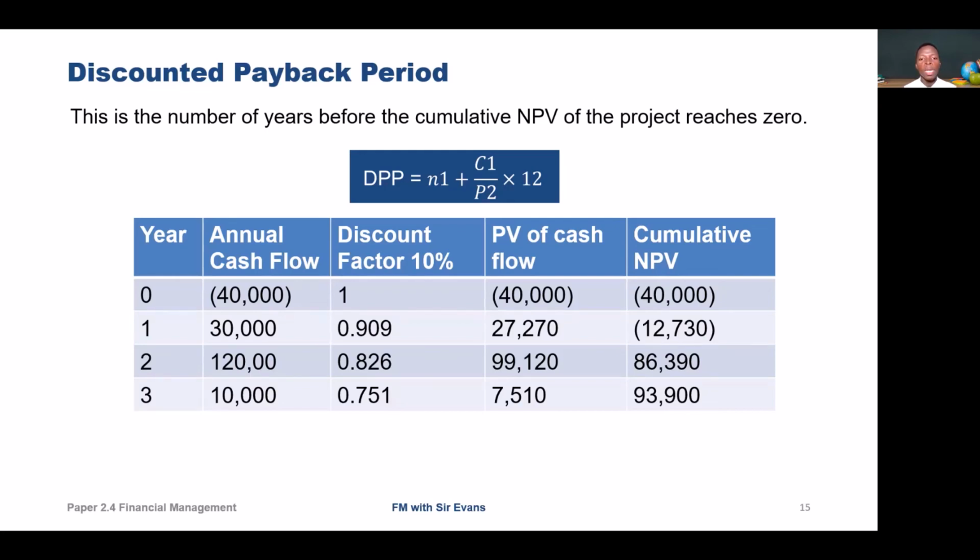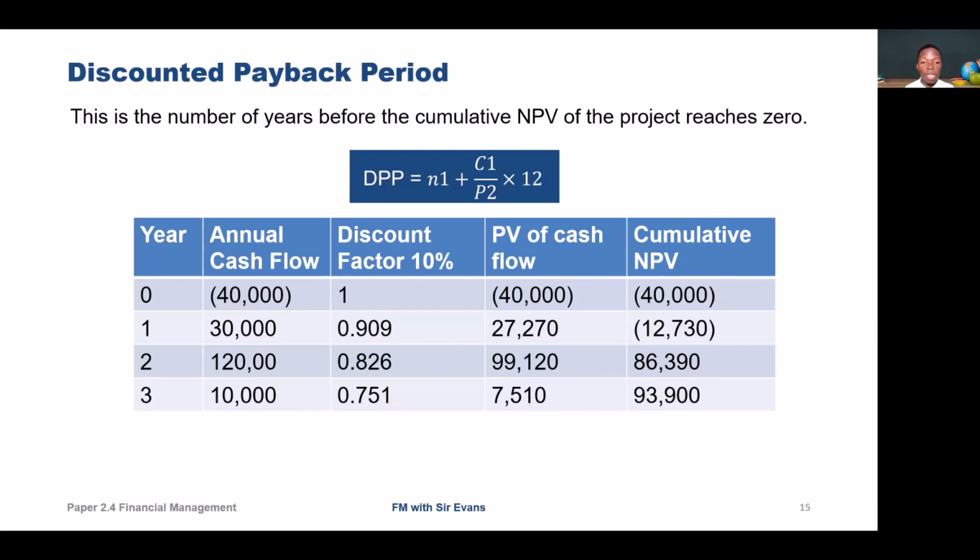So we build a cumulative NPV. In year 0 is the outflow of 40,000. In year 1, we still have a negative of 12,730. Year 2 gives us an annual cash flow of 120,000, and that will give us a cumulative of 86,390.